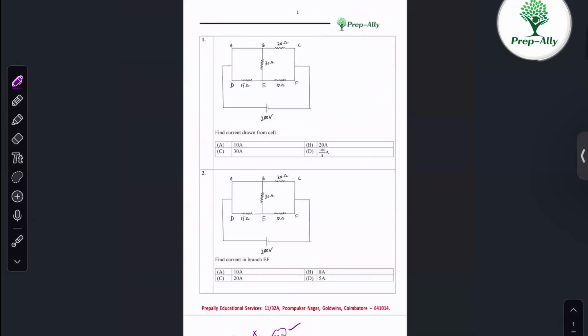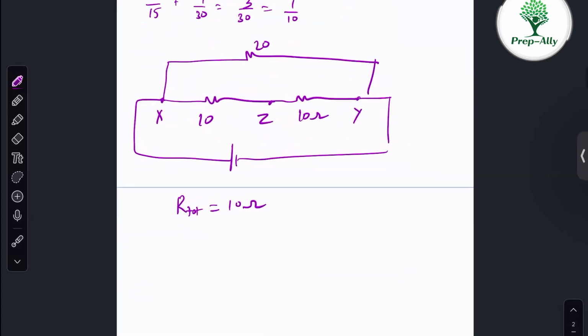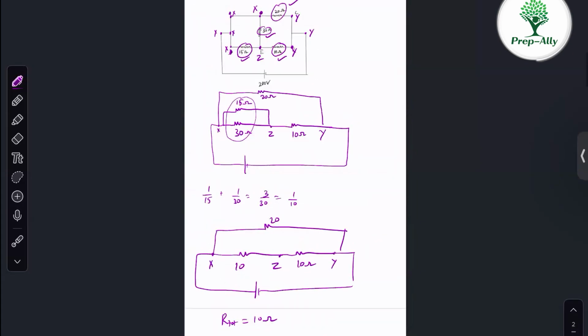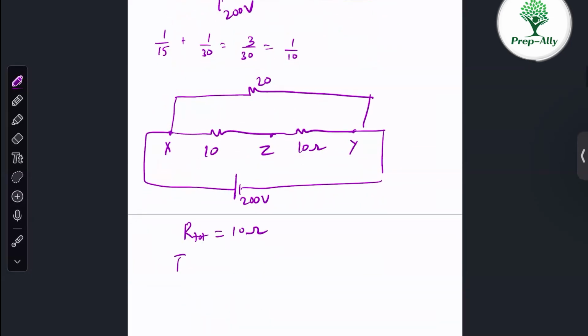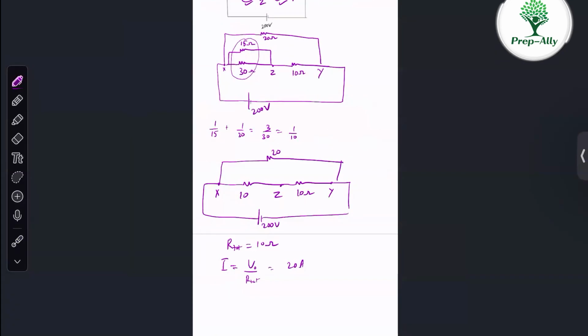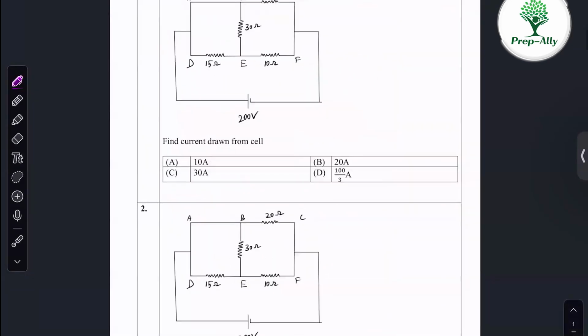So the total resistance across the battery is 10 ohms, and the battery voltage is given as 200 volts. So the current drawn from the cell will be equal to battery voltage divided by total resistance, which is 20 amperes. That will be the answer for the first question.